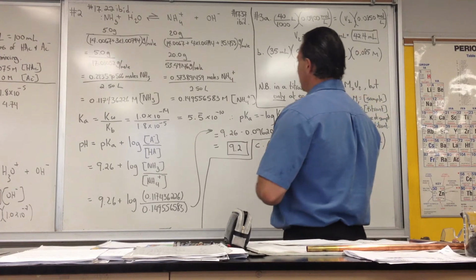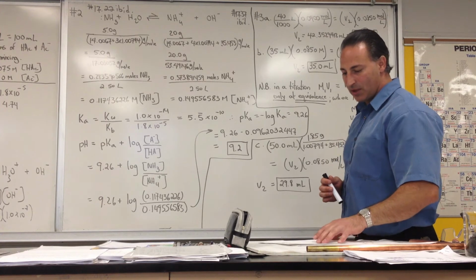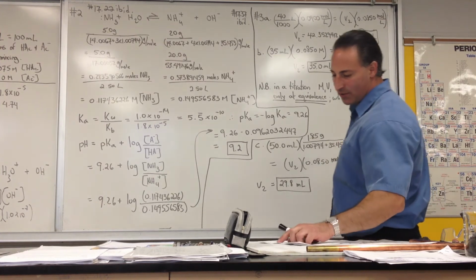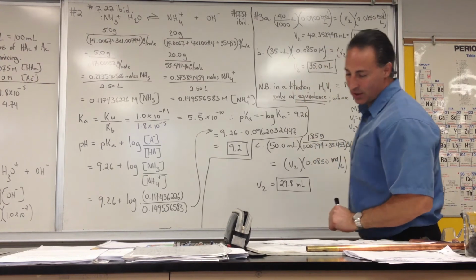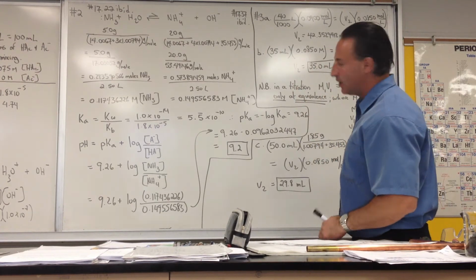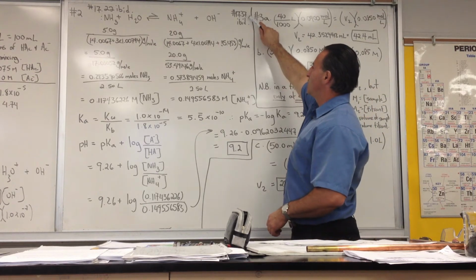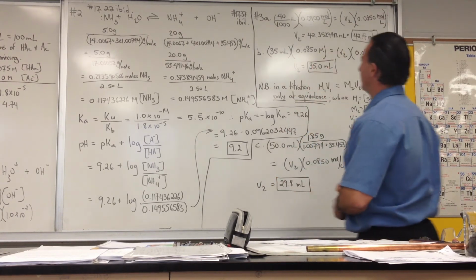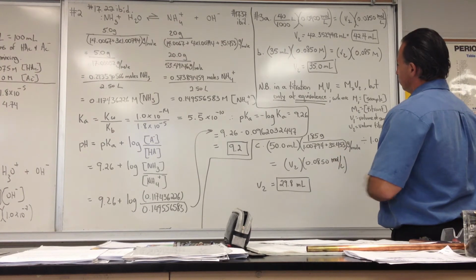All right, the third question is based on titrations. How many milliliters of 0.085 molar sodium hydroxide are required to titrate each of the following solutions to the equivalence point? This is adapted from chapter 17, question number 37 from our text. I used a little shortcut here.